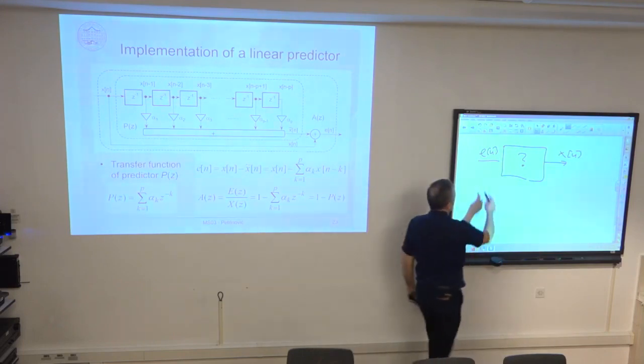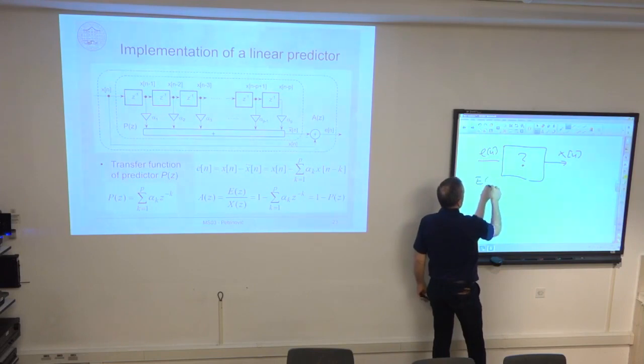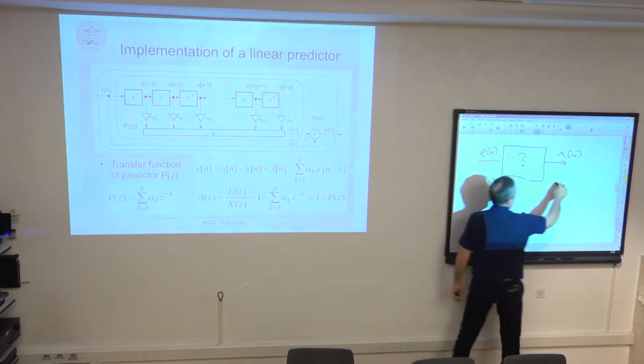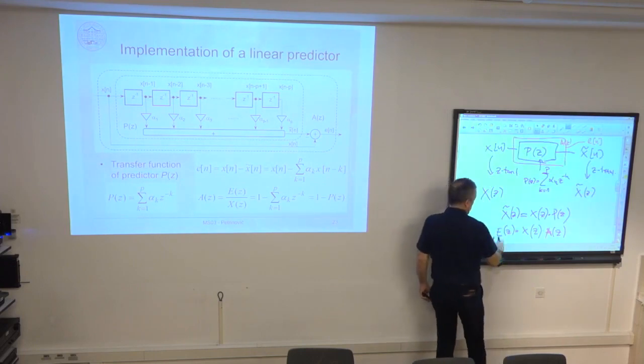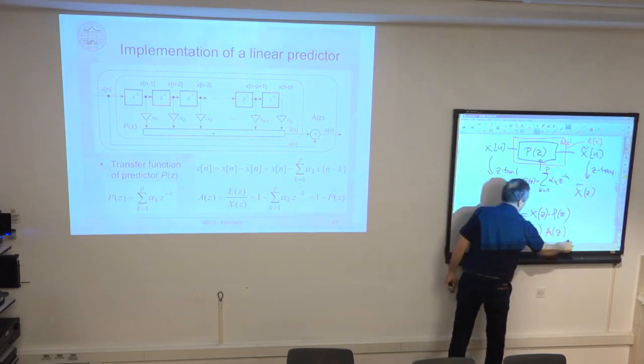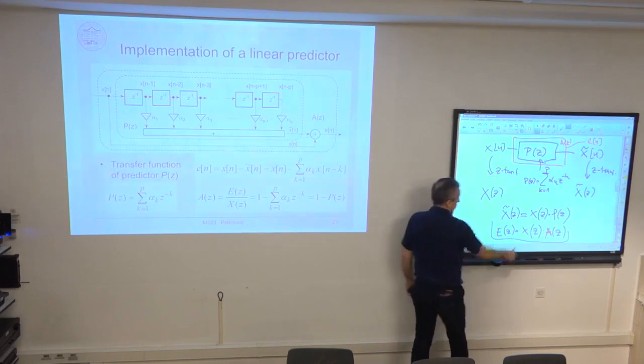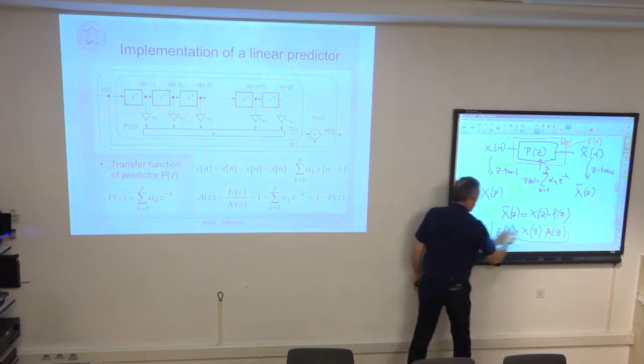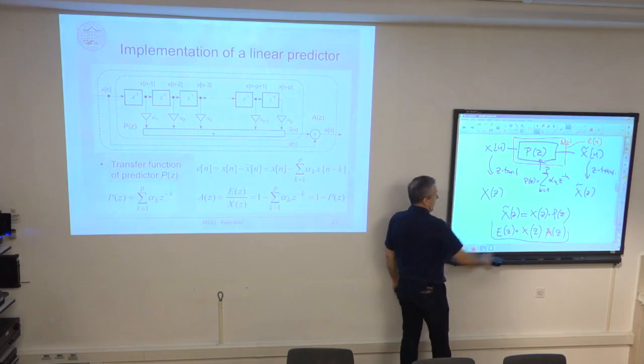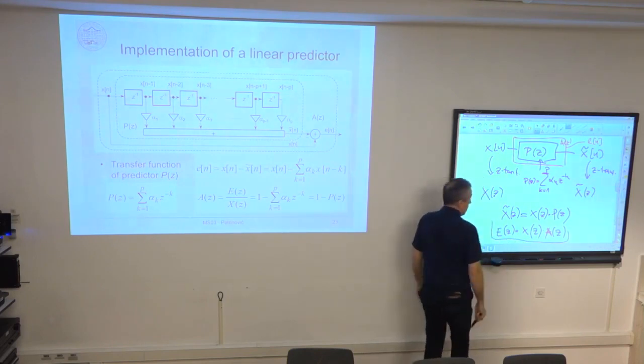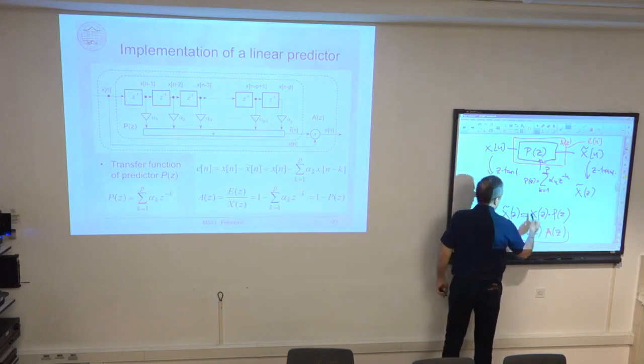In z domain, it is trivial. So we have E of z here, we have x of z here, and as we see, they are related as it is written here. So if I want to compute x of z, I have to divide this E of z with A of z. Of course, it is some kind of polynomial. So this here is this polynomial.